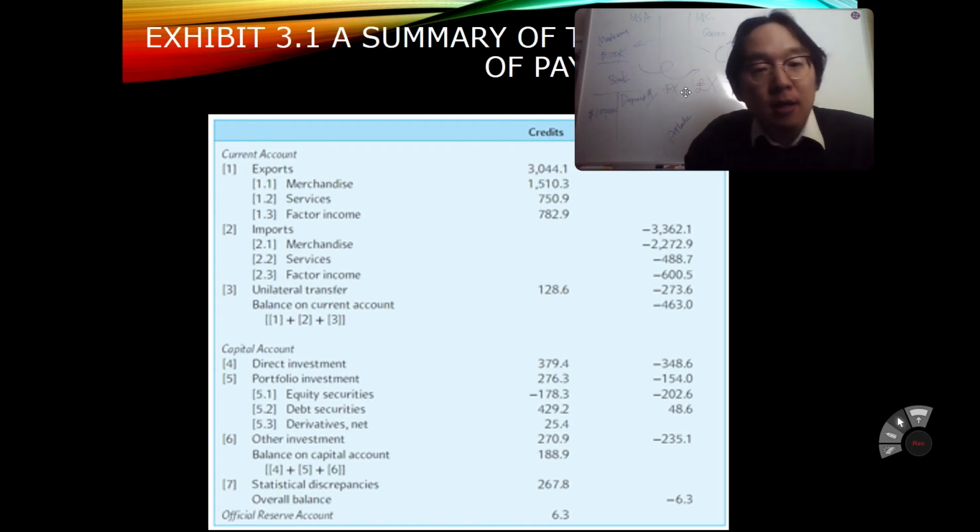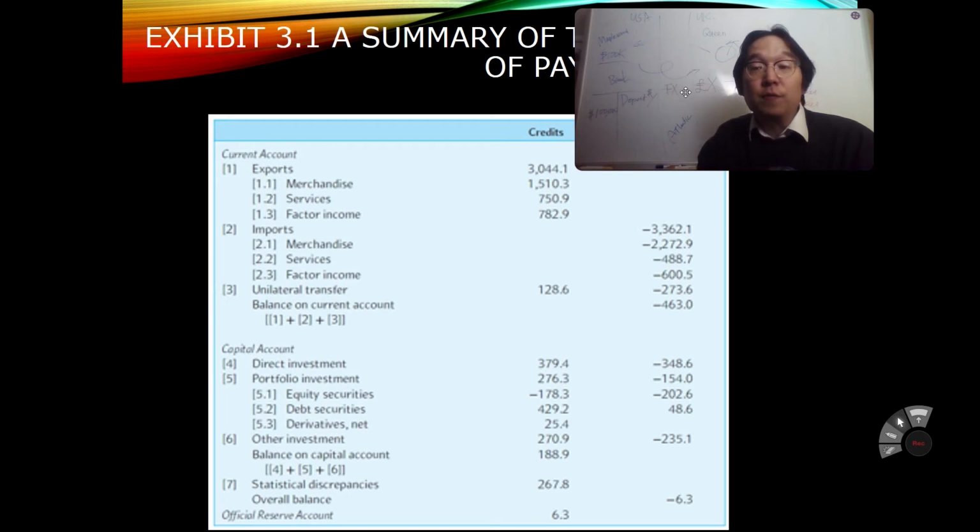And then the last items, two items still left, statistical discrepancies and then official reserve account, right? In fact, official reserve account is first given to you, and then statistical discrepancy is something you solve for.